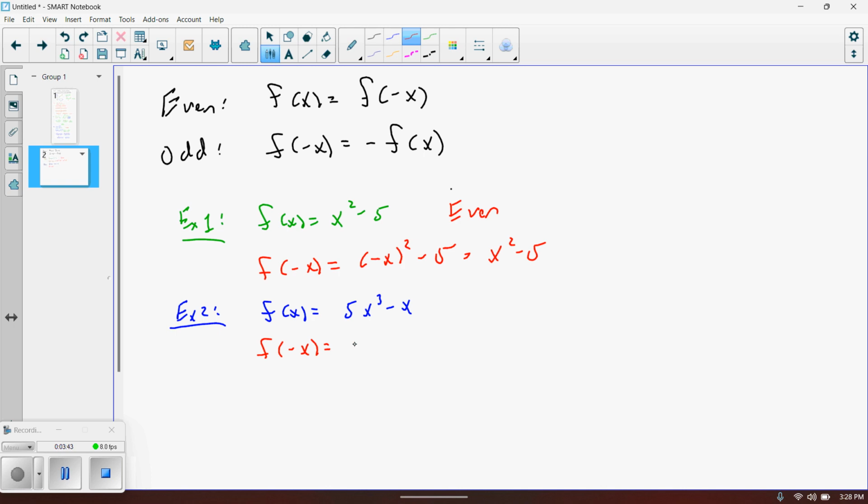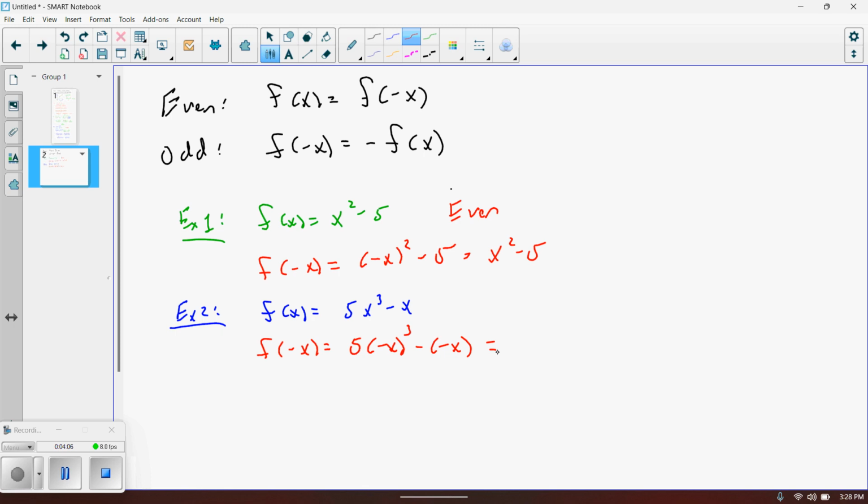All right, so let's replace every x with a negative x. And since we're replacing x with negative x, I always like to keep it in parentheses. I just think it makes it easier to simplify in the end. Now if we take negative x and cube it, that's negative x times negative x times negative x.